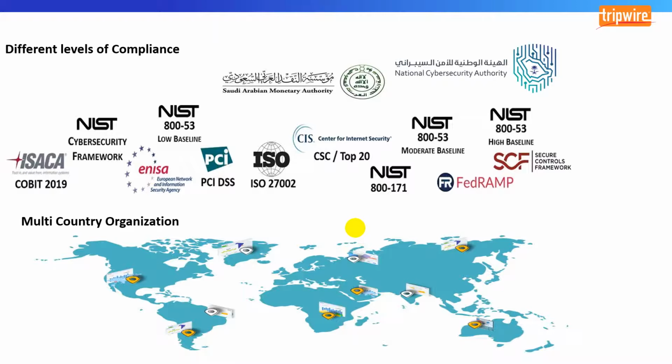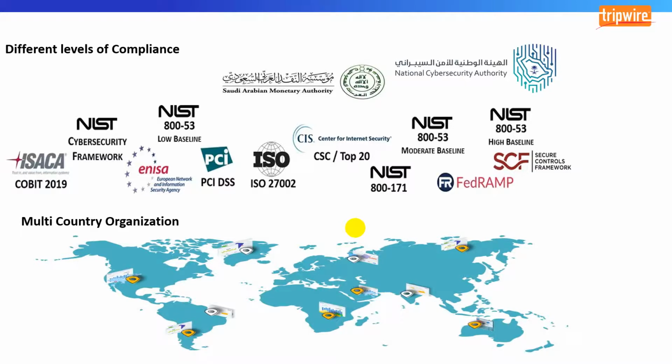Sometimes organizations find that these compliances may conflict with each other on some controls. So how can you deal with all of these, maintain your level of security, and implement ISO 27001 with all of its controls and, for example, NCA?